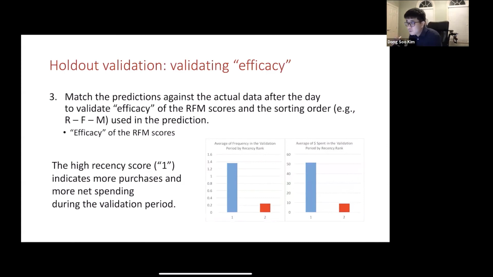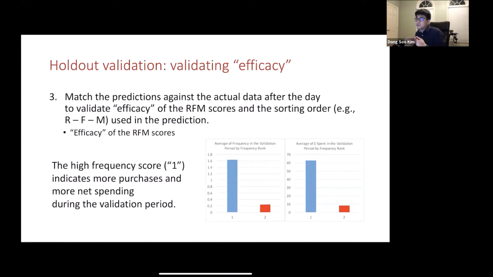The figures show that during the validation period, the average purchase frequency of recency code 1 customers is much higher than that of recency code 2 customers. And the average net spending of recency code 1 is also much higher than that of recency code 2 customers. So, this result clearly proves the efficacy of the recency score.